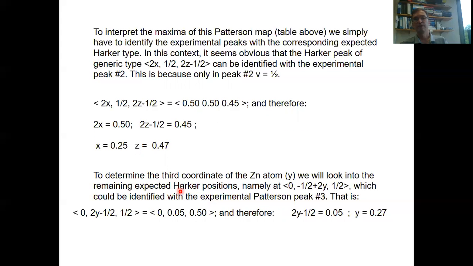Now we can say that minus a half plus 2y must be equal to 0.05. And we can just solve that for y, and then we have found our position y of our zinc atom, which is equal to 0.27.